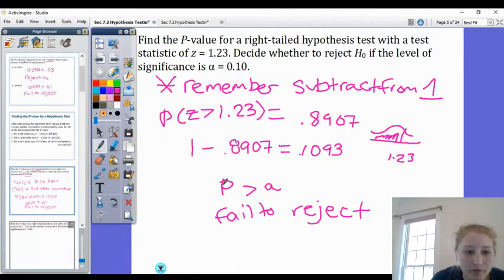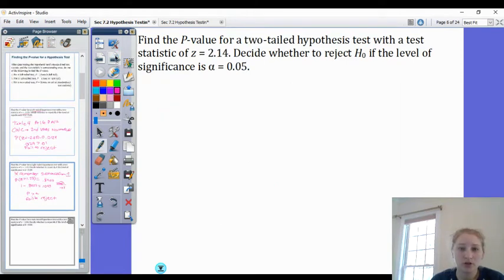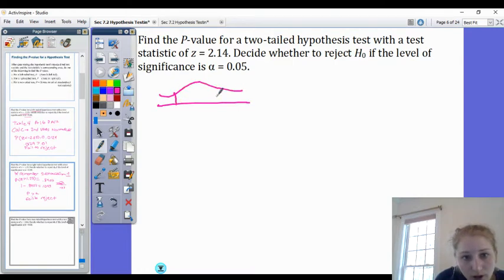All right. Next one we're going to do is our two-tailed test. When we're having a two-tailed test, it's going to have two corresponding pieces.